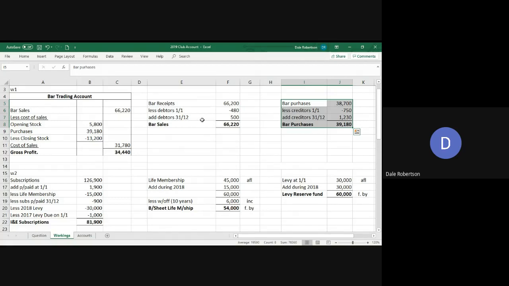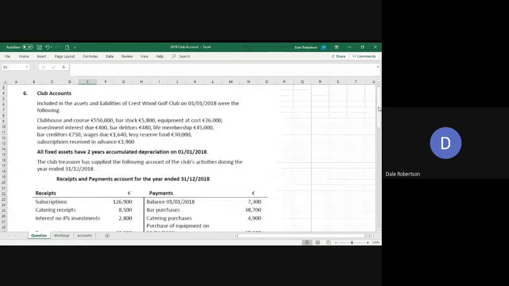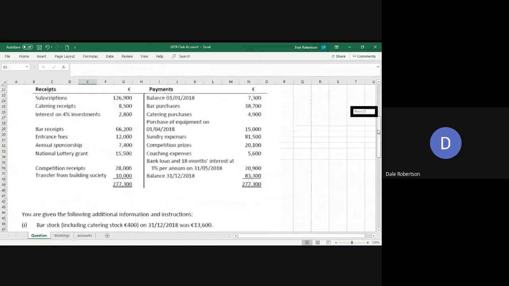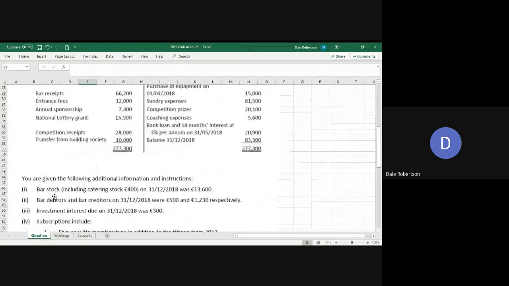Then you can transfer both of those numbers across, and here is your bar sales, 66,220. Then you have your opening stock from the start of the year, your purchases from your work with the creditors. Closing stock is working number one. Now, I just want to draw your attention to that for a moment. In the question, if we look at the adjustment one at the end of the question, it says bar stock, including catering stock of 400, was 13,600.